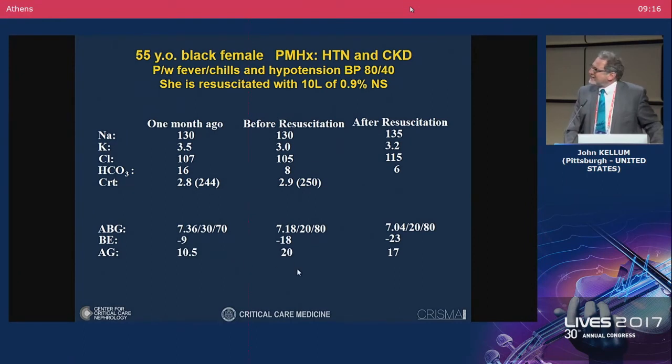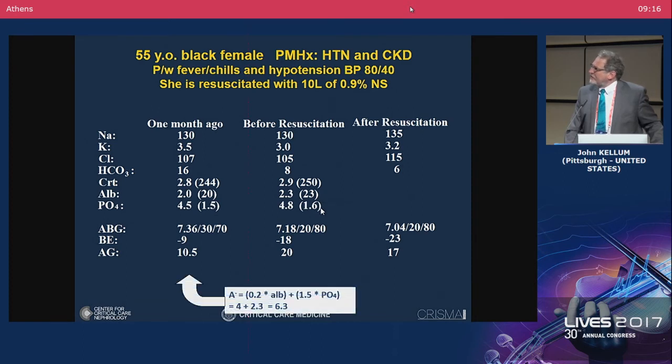Now, you can ask the question, what should the anion gap be? And the way to get at that is to look at the albumin and phosphate concentration. So it was 20 and 1.5. It's now 23 and 1.6. And you can use the formula to determine that back here, it should have been 6.3, and it was 10.5.